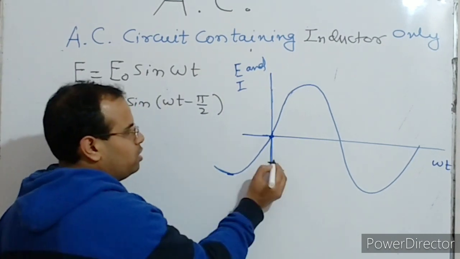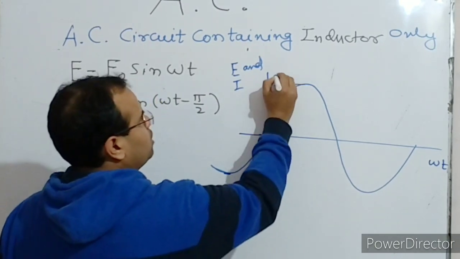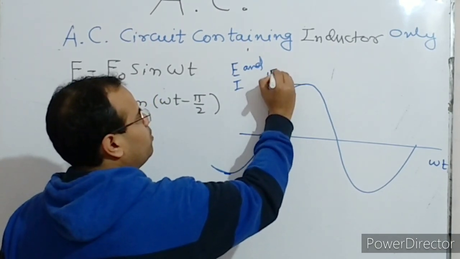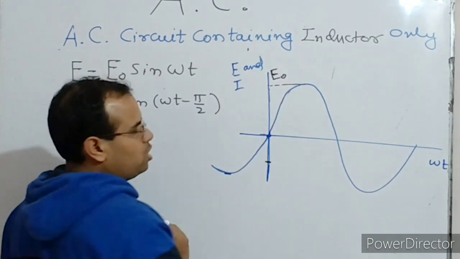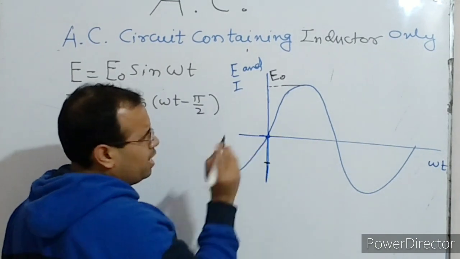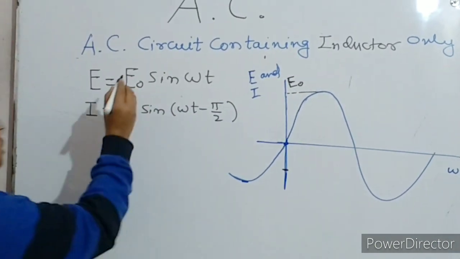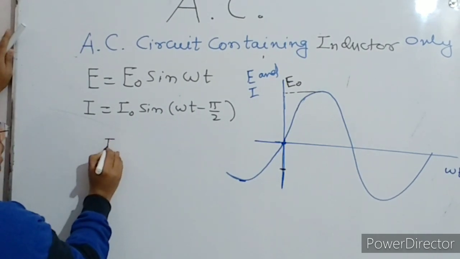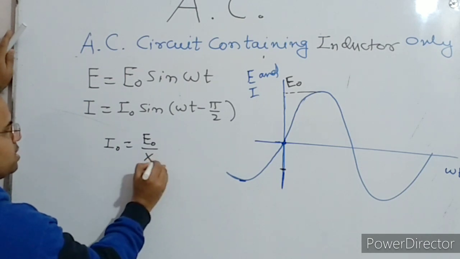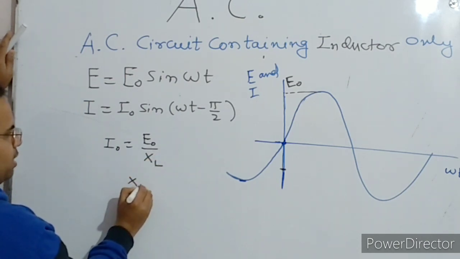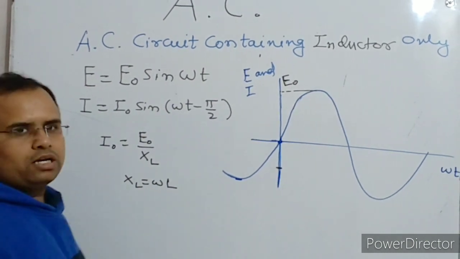One more thing you have to understand is that the maximum value of EMF is the peak value of EMF, and it is given by E naught. So this is the value E naught. But I naught would definitely be somewhat lesser than E naught, because in case of an inductor we know that I naught is equal to E naught upon XL, where XL is omega L, and that is called inductive reactance.